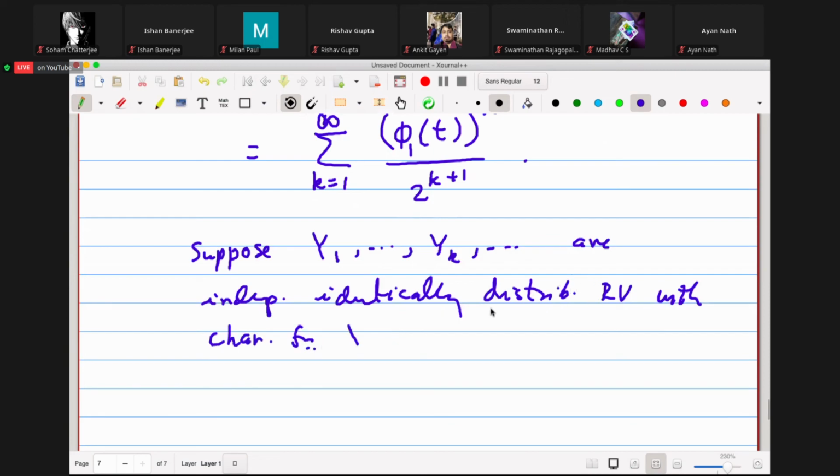I could have just said identically distributed as the random variable x1, but anyway it doesn't matter. With characteristic function phi1.